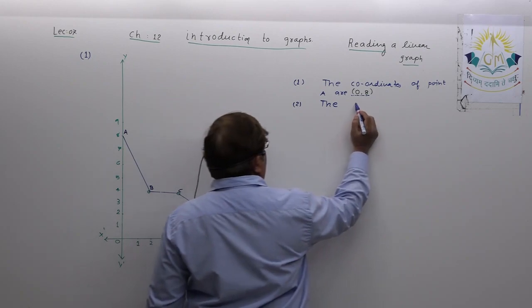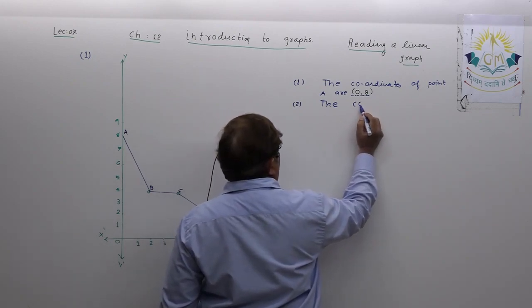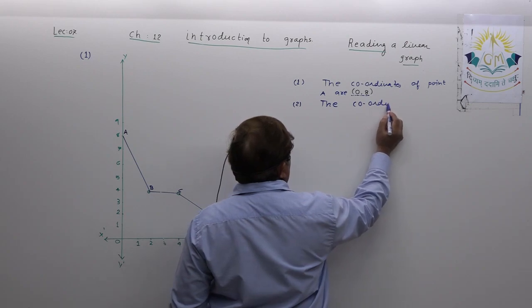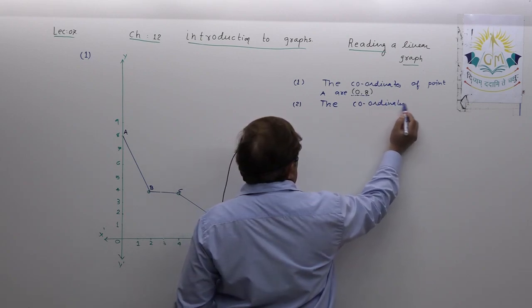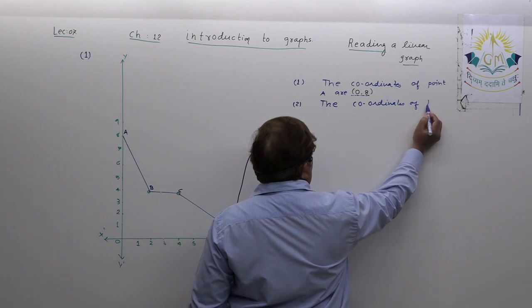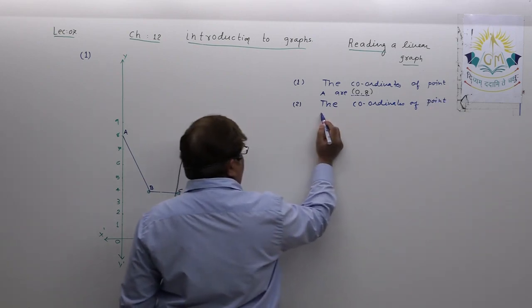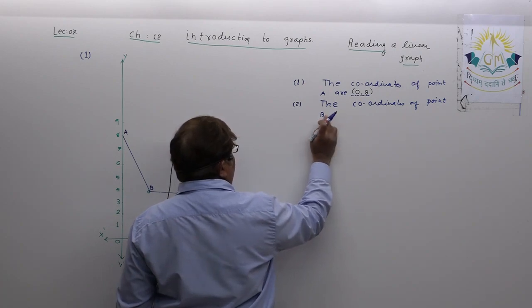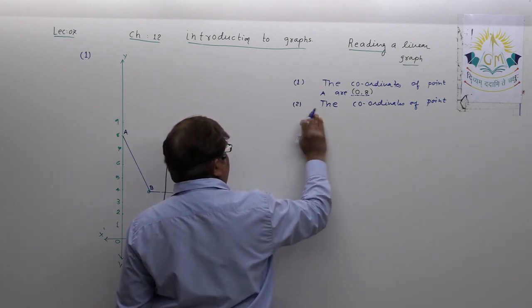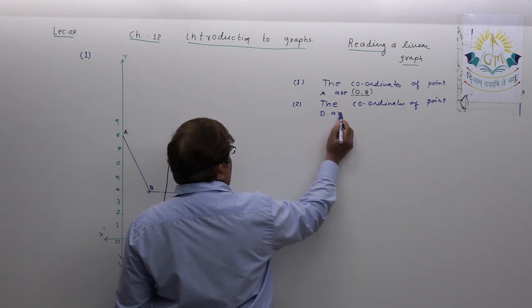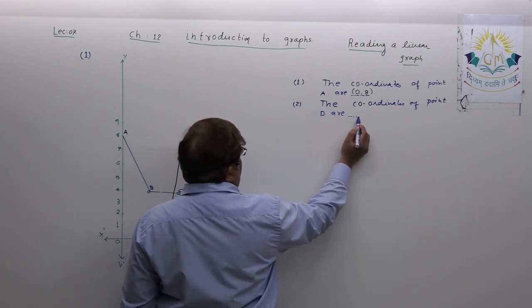This is question number 2 for us. Coordinates of point B, or sorry dear student, coordinates of point D are dash. This is again another question.